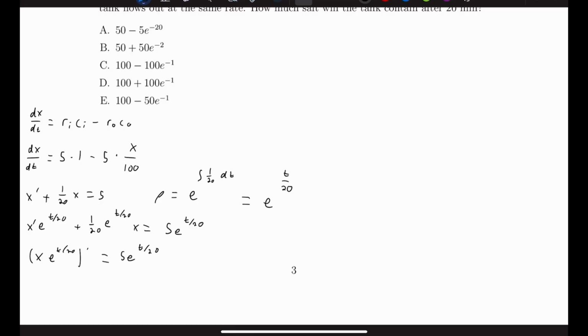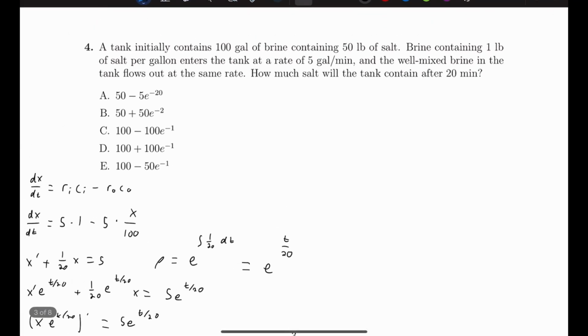And now go ahead and integrate that right side. We'll end up with just x e to the t over 20 on that left-hand side, and then the integral of 5e to the t over 20. When we go ahead and integrate that, we're going to have x e to the t over 20 is equal to 100 e to the t over 20.